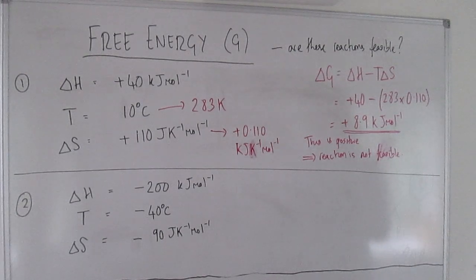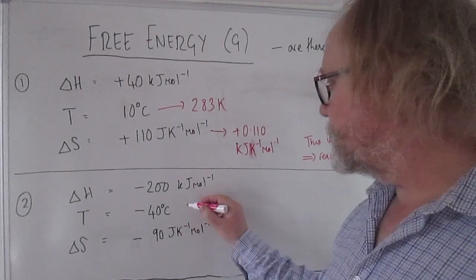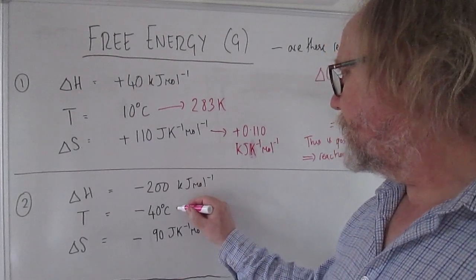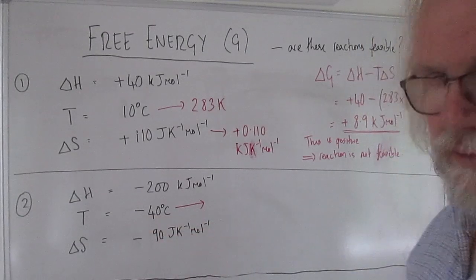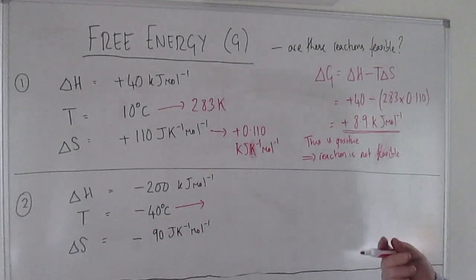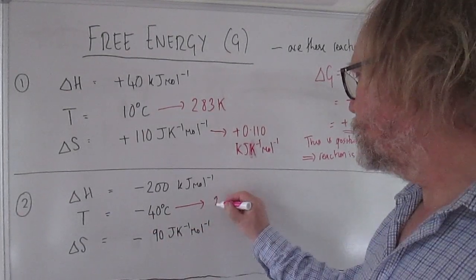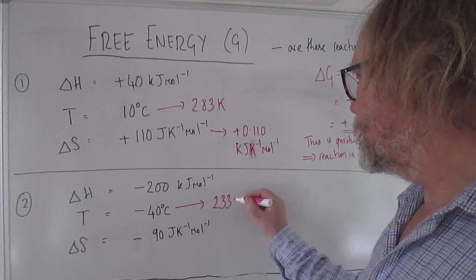Okay, so we can do the same for this one. Now this one's going to be a little bit trickier because of signs, and one of the biggest problems with free energy calculations is people are sometimes a bit sloppy about the signs, so make sure you follow this carefully. So we do the same as before. We turn the temperature into Kelvin, so it's minus 40 plus 273, which is 233 Kelvin.